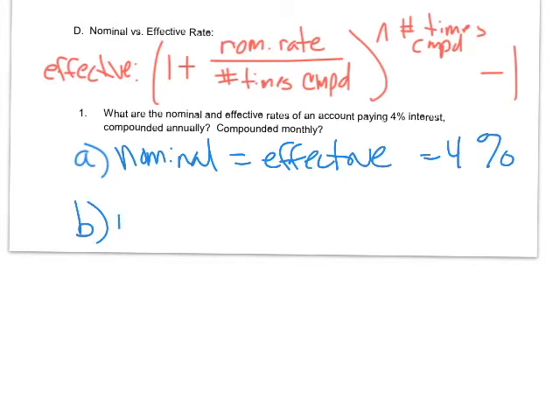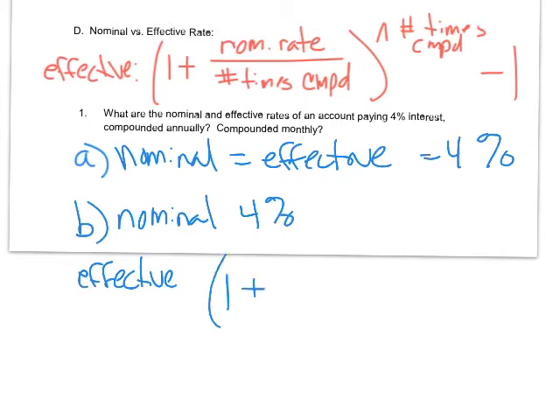Compounded monthly, the nominal is 4%. That does not change. It's the annual rate. The effective, we have to go through and calculate, because we have to figure in the fact that it's being compounded 12 times a year. So here we go. This is just the rate. It's 1 plus the nominal rate is 0.04. We are compounding 12 times a year, raised to the 12th power.